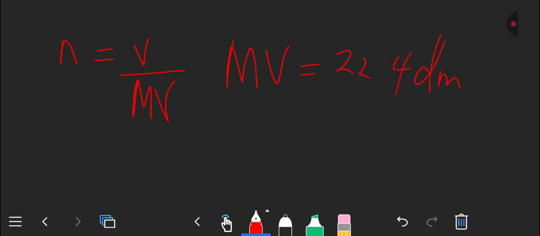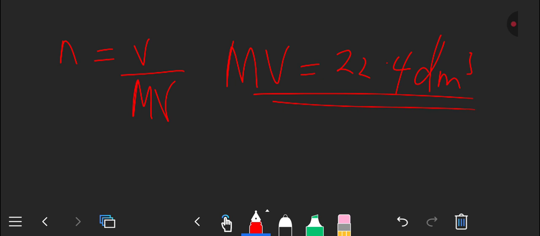So we are safe to use the same formula. Number of moles is equal to the volume over molar volume. But what distinguishes this from the previous definition is that the molar volume won't be 24 cubic decimeter, but 22.4 cubic decimeter.